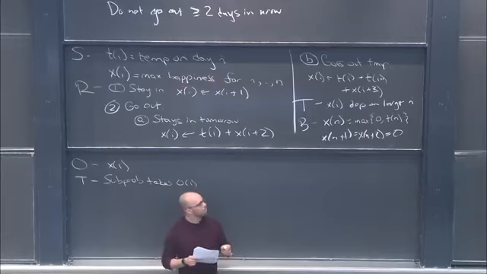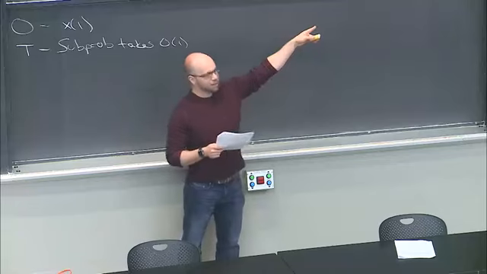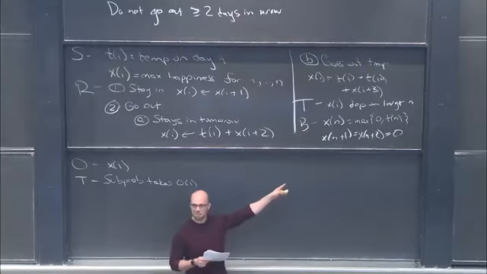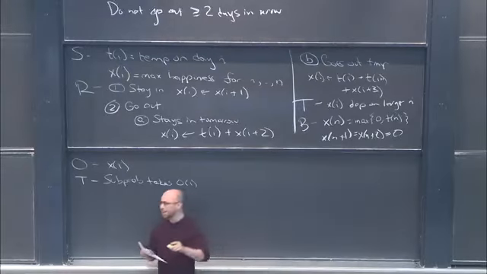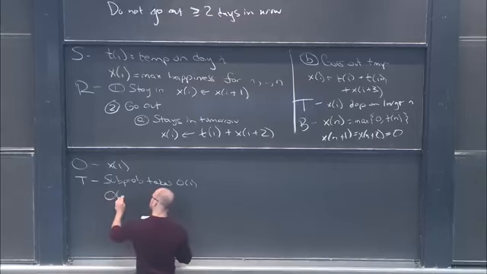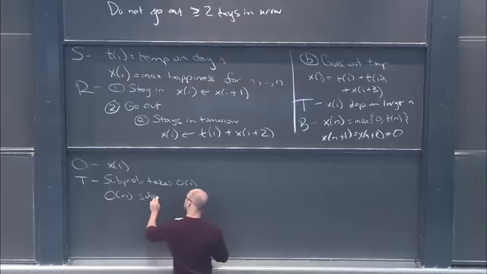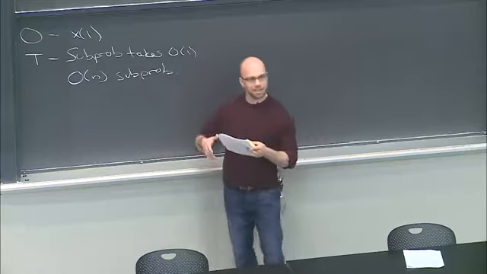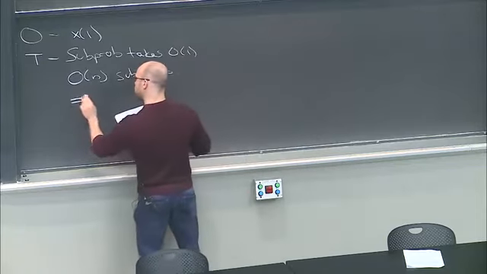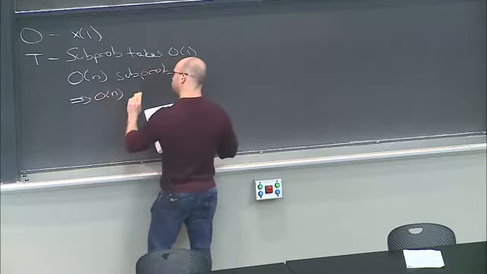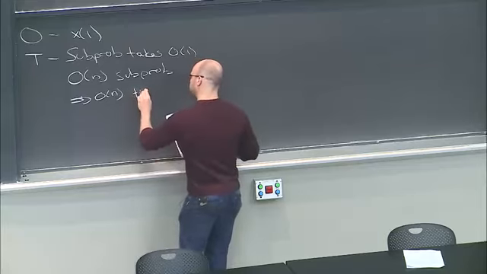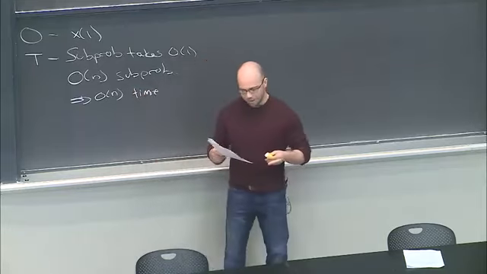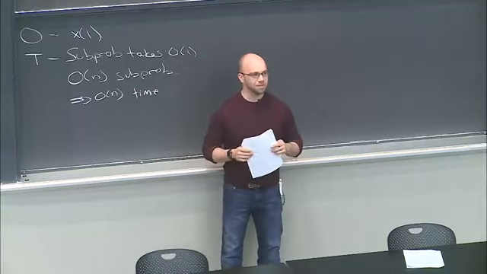How many subproblems are there? Well, there's, I guess, n plus 2 max, if you want to be conservative about it. So in particular, there's order n subproblems. Right? So all I have to do is multiply these 2 things together, and my algorithm takes order n time. And that's our solution to problem number 1.